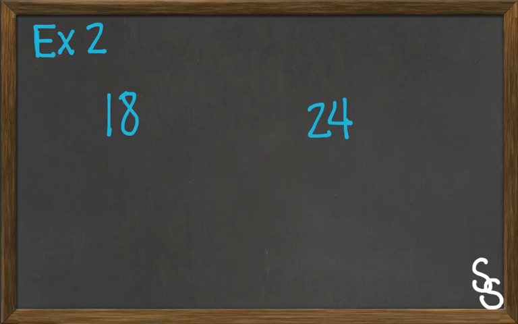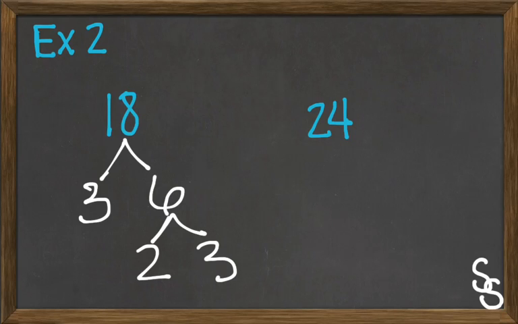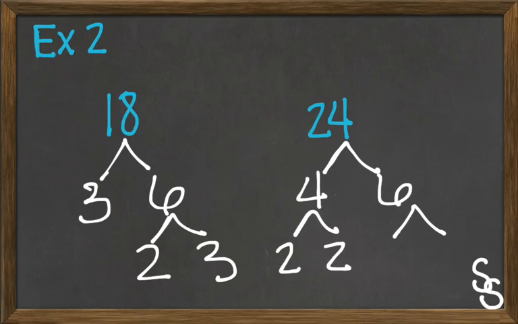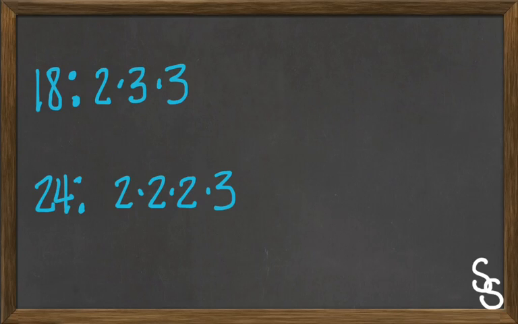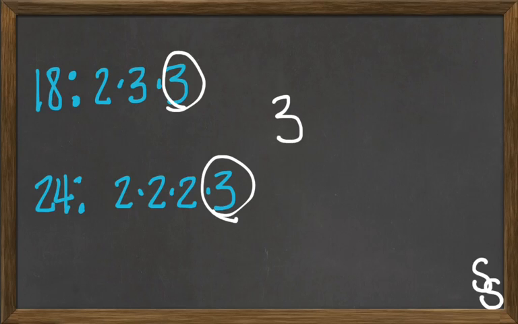So now we have 18 and 24. So first step is prime factorization. Now that we have the prime factorization, we look for common factors. So 18 and 24 have a 3 in common.